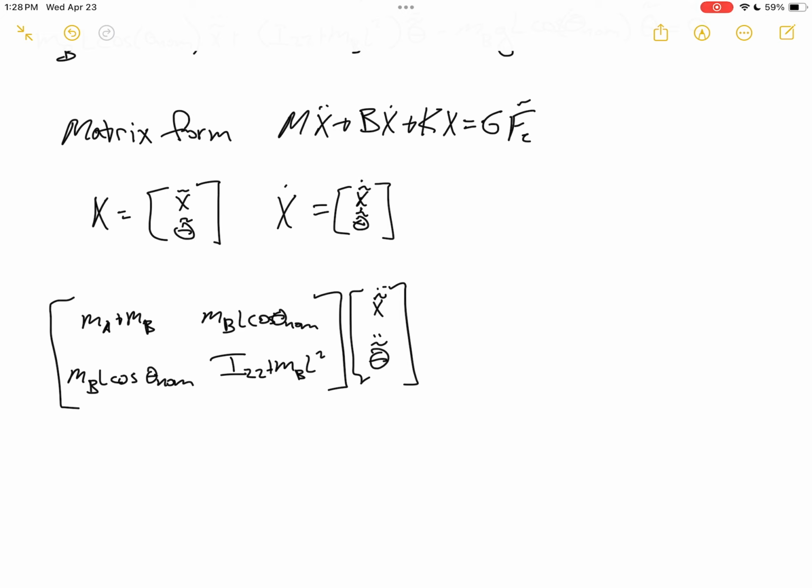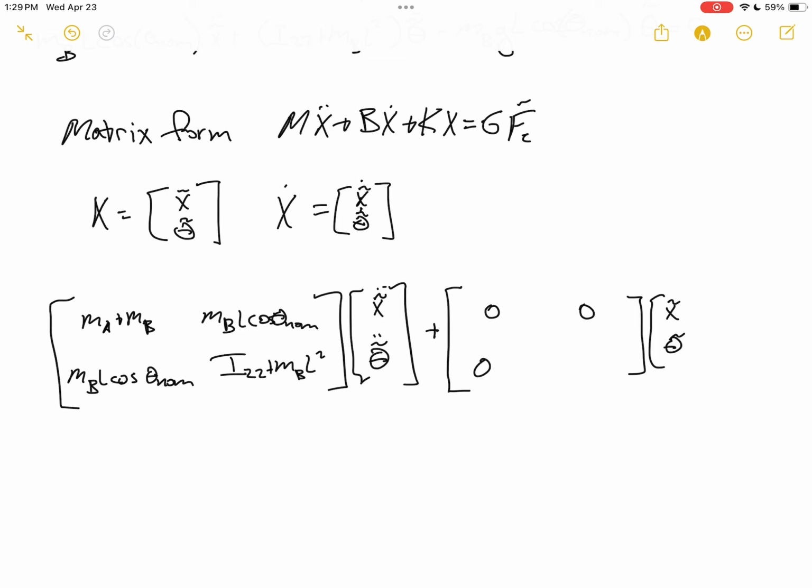So I'll have an x tilde double dot here, a theta tilde double dot there. And then there's actually no theta dot terms in here, so there's no B matrix, so we'll skip straight to a K matrix. In the first equation, we don't actually have anything that's on x tilde or theta tilde.